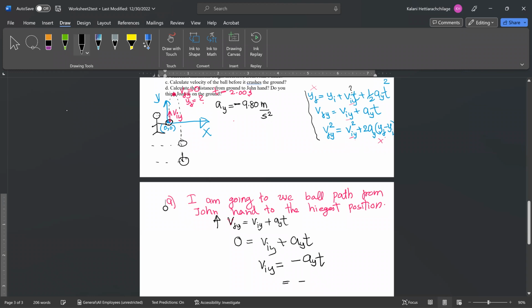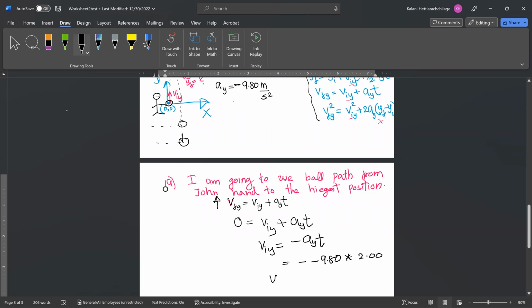So I have negative, I also have negative in 9.80, and I also have the time given, that is 2.00 seconds, right? So your answer will be in units of meters per second, and 9.8 times 2 will give you the answer 19.6. In sig figs, because I have 3 and 3, I will keep 3 sig figs.